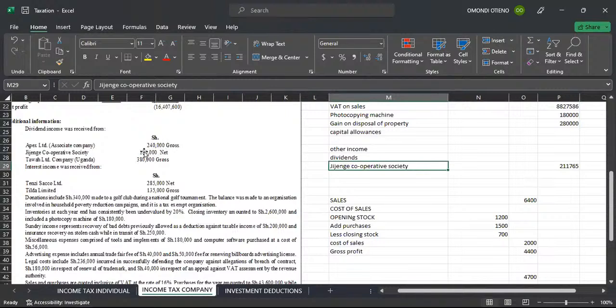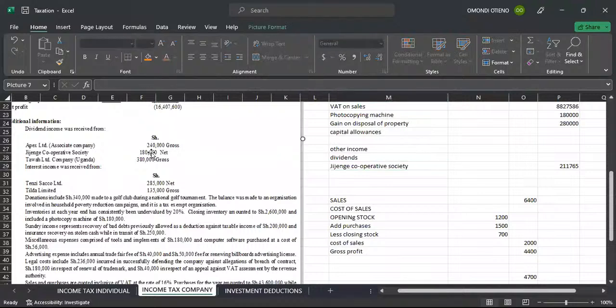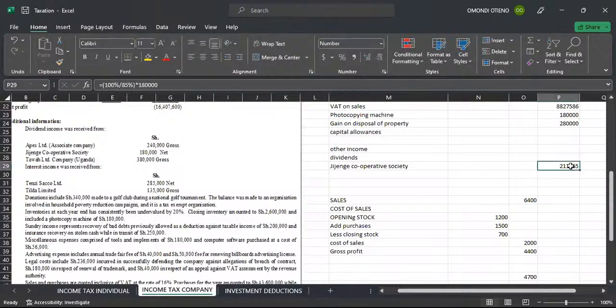They recorded 180,000. So we have to take care of it by bringing it back. Someone may decide to just get the portion which is missing, aweke hapa, add back.